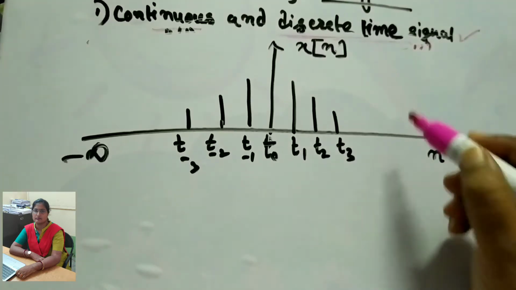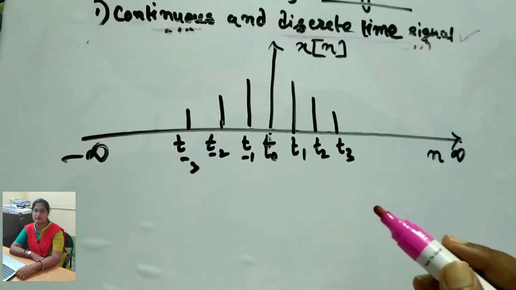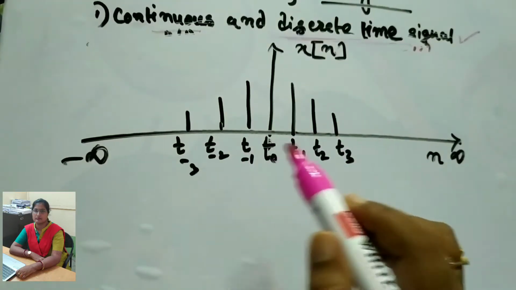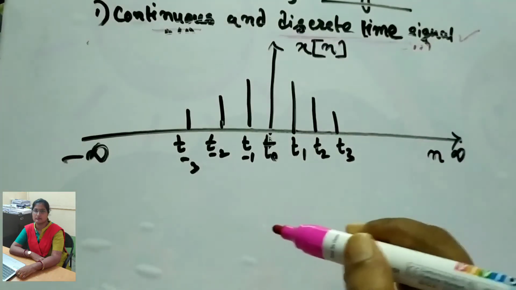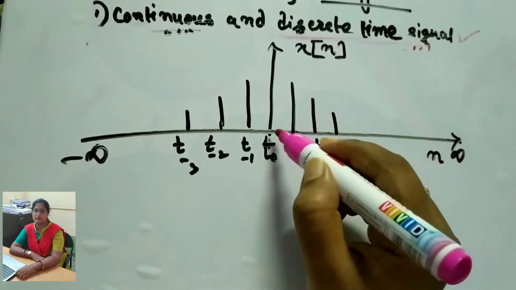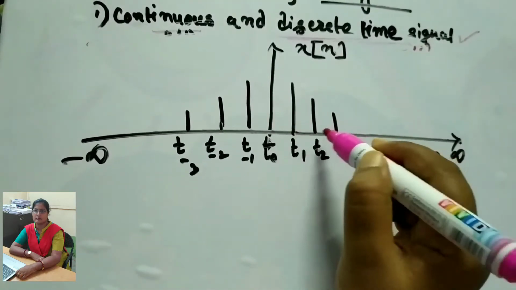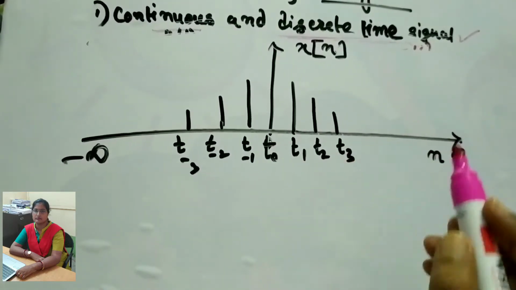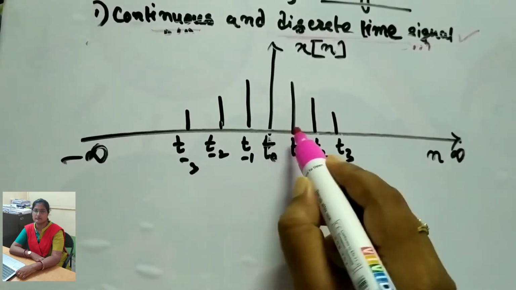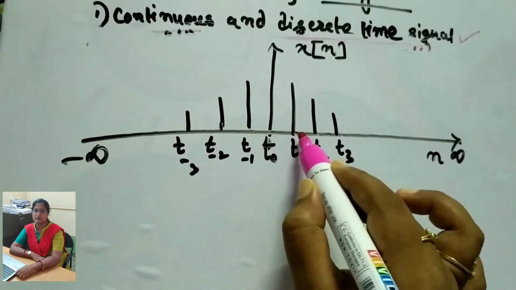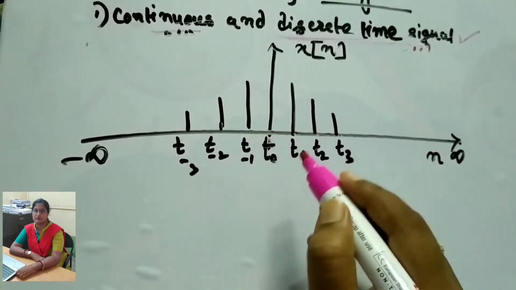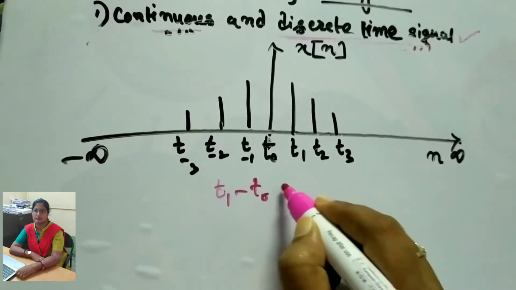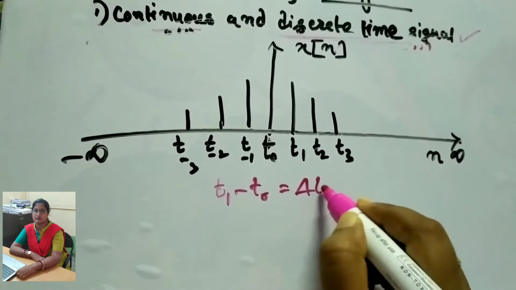Let's take another example of a discrete time signal. Suppose it is a discrete time signal where x(t) or x(n) occurs at particular intervals, and the time interval between two pulses, that means t1 minus t0, is equal to delta t.